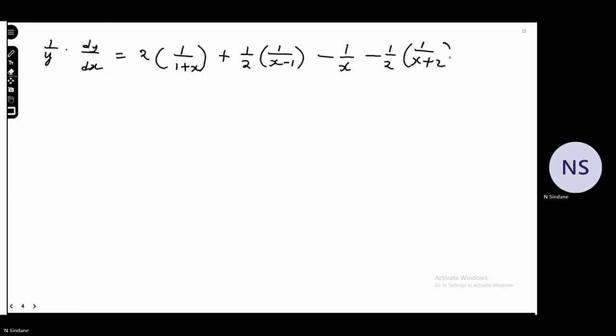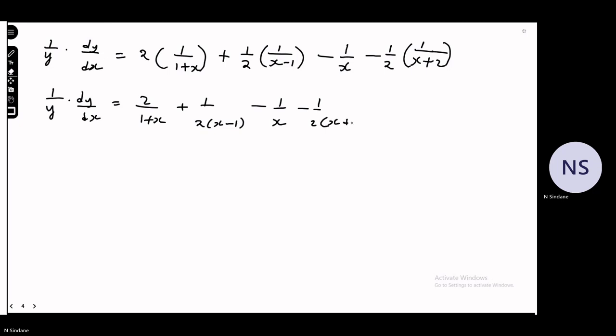Then from there, 1 over y multiply dy over dx. This is 2 over 1 plus x plus 1 over 2 into x minus 1 minus 1 over x minus 1 over 2 into x plus 2. Then remove this y from this side.